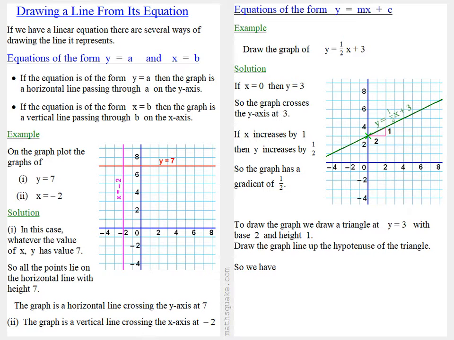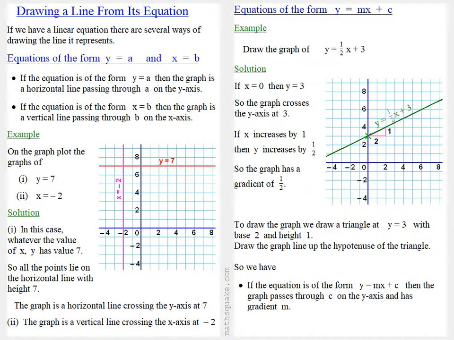So we have, if the equation is of the form y equals mx plus c, then the graph passes through c on the y-axis and has gradient m. We can use this to sketch the graph. Probably the most common method of drawing graphs is plotting points.